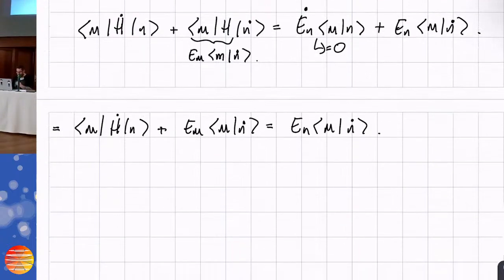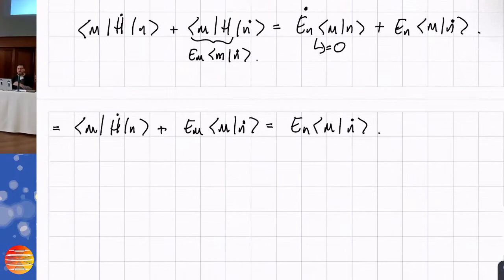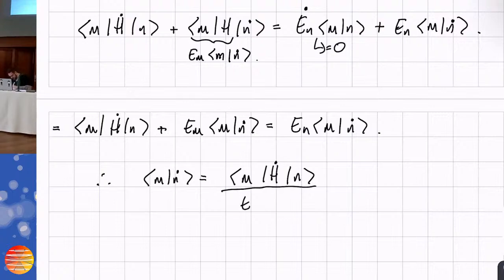Now I just rearrange things a little bit because what I'm interested in is understanding this <m|ṅ>. If I bring things across and rearrange, what I'm left with is <m|ṅ> = <m|Ḣ|n> divided by (E_n - E_m).